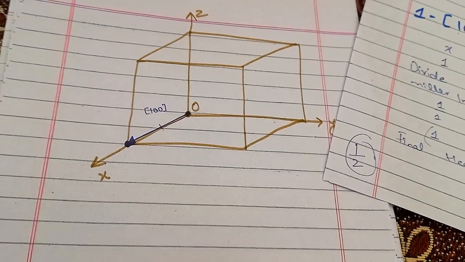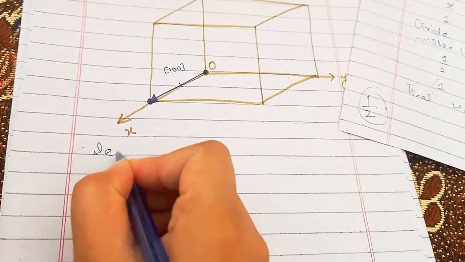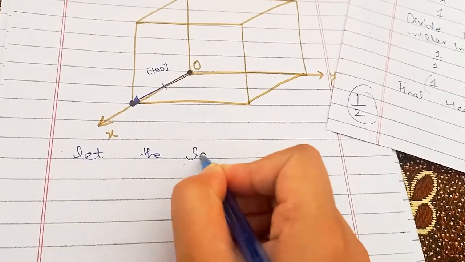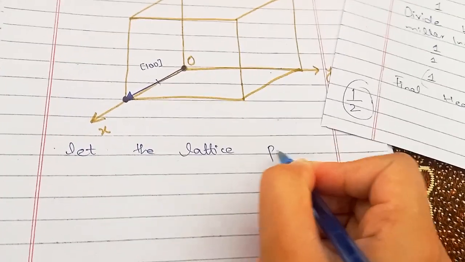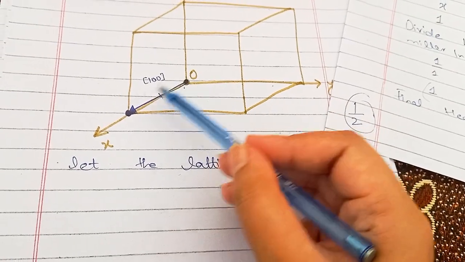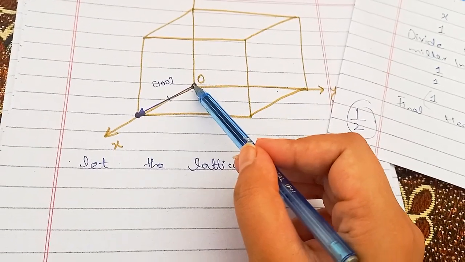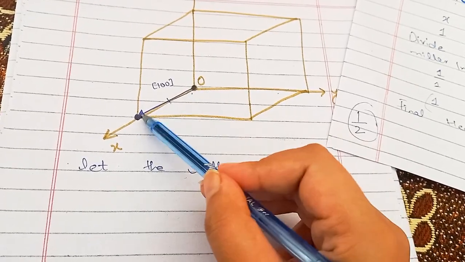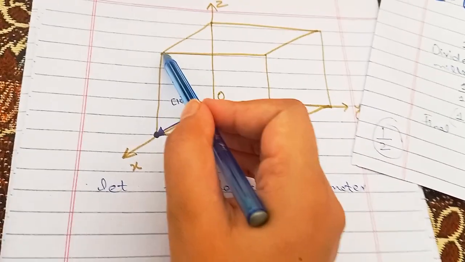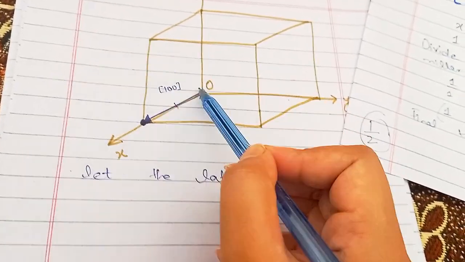Alright, this is the 100 direction, and since it's a cube, let the lattice parameter be a. Lattice parameter means the cube length from one corner to the other corner along the axis directions. This is the axis direction, so one corner to other corner is a, but this is not parallel to axis direction, so this length will not be equal to a.